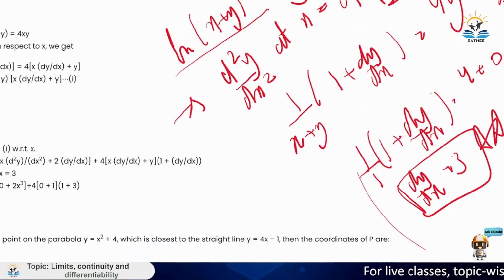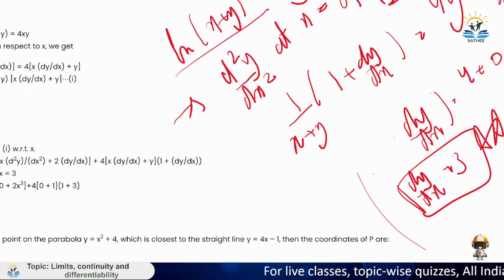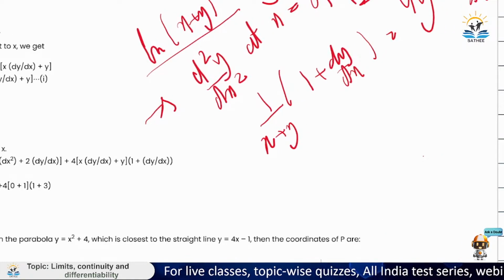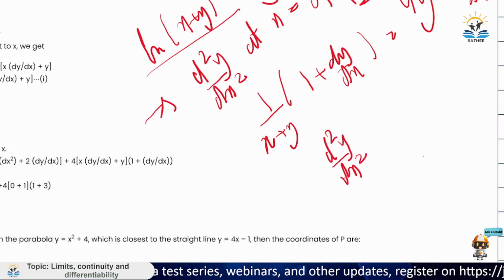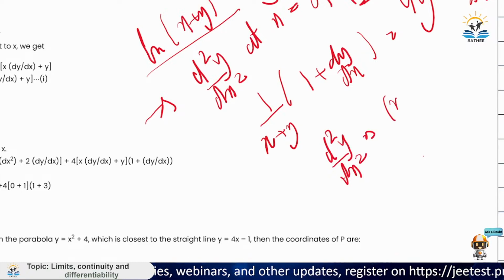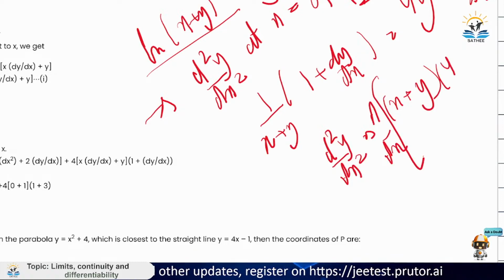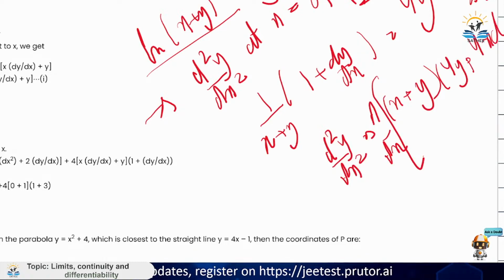What equation are we differentiating? This equation. So let me erase the rest of the part. Let's take (x plus y) there and then differentiate. It would make our life easier. What we have here is 1 plus dy by dx. The differentiation of 1 is 0, then d2y by dx square is equal to, we have this whole dy by dx into 4y plus 4x dy by dx.